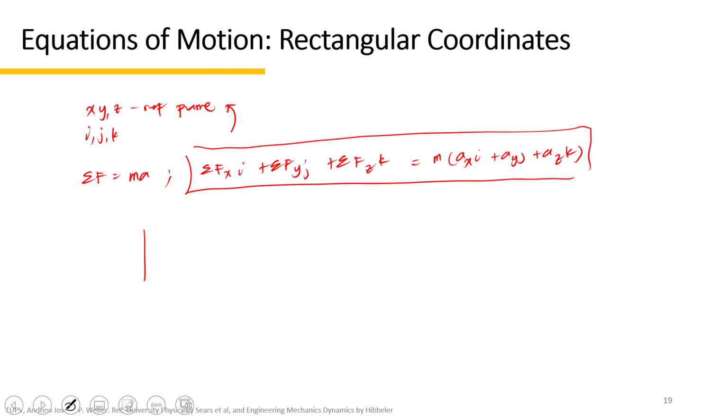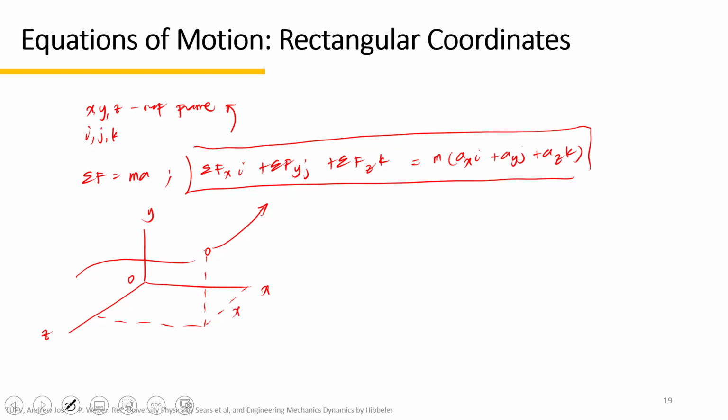Of course, our rectangular system may look like this. It depends on the right hand rule. For example, this is our object which moves in this particular trajectory. This would be the x, y, z position.